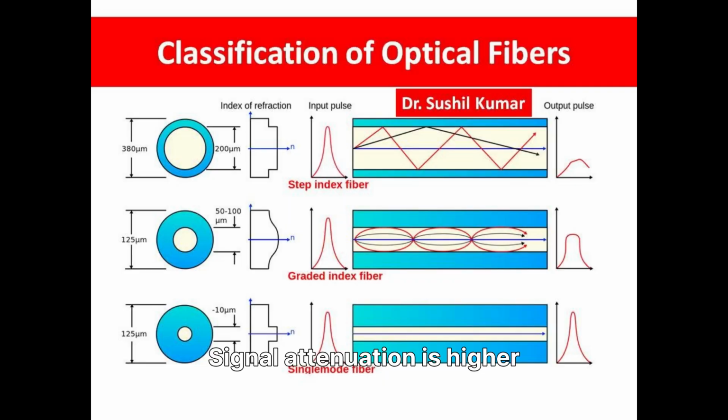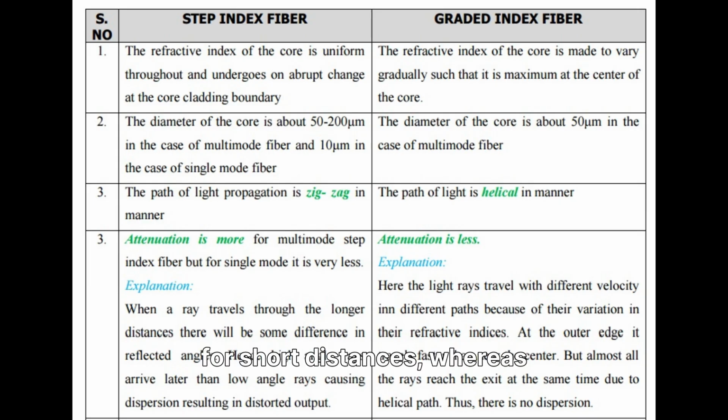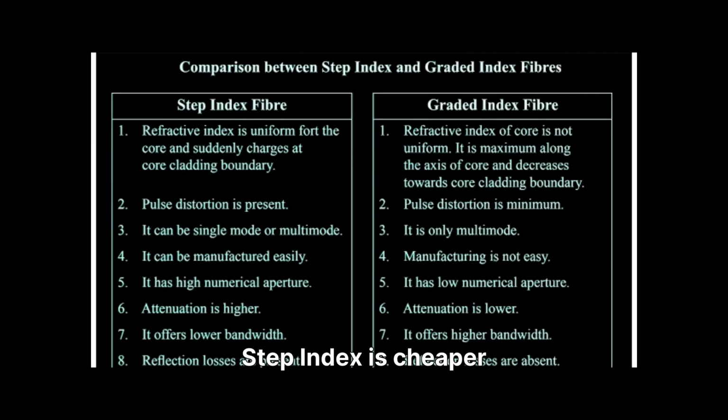Signal attenuation is higher in step index, meaning more loss over distance, while graded index has lower attenuation. Step index is suitable for short distances, whereas graded index is suitable for medium to long distances. Step index is cheaper and simpler to manufacture, but graded index is more expensive due to complex refractive design.